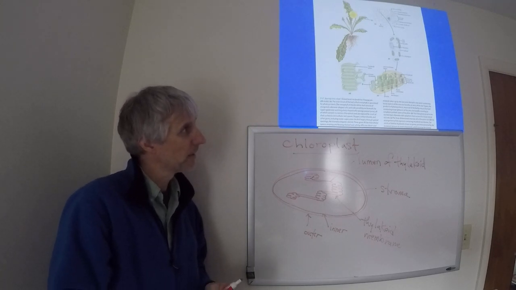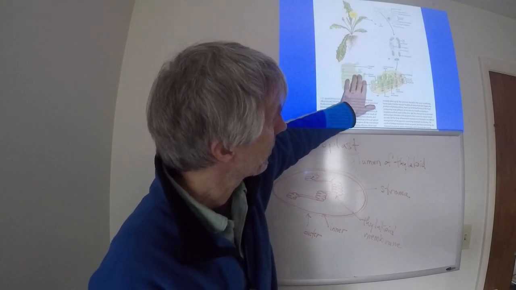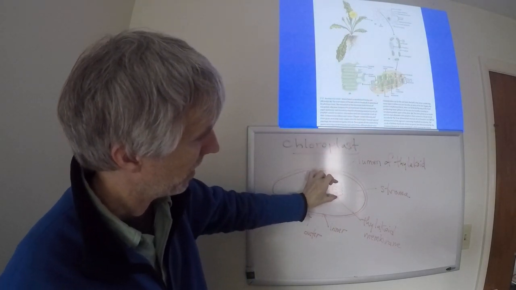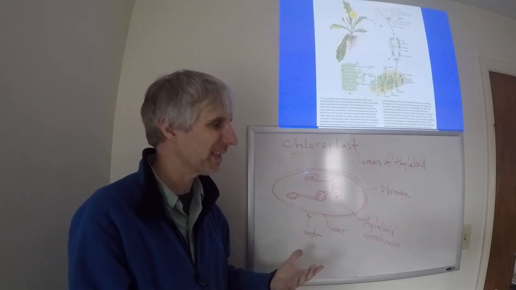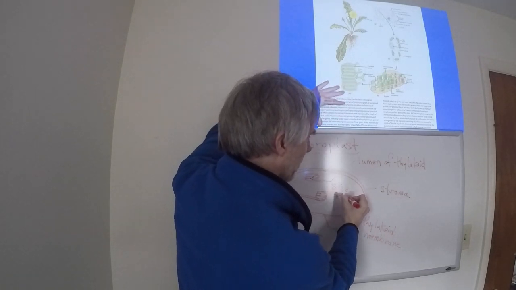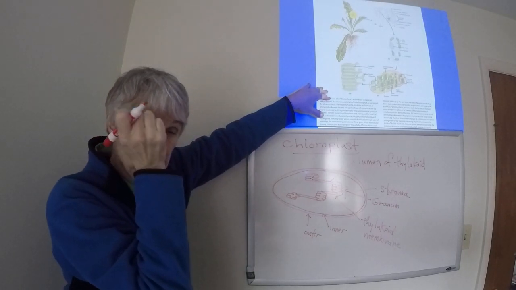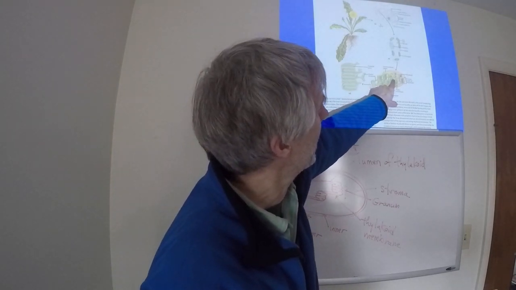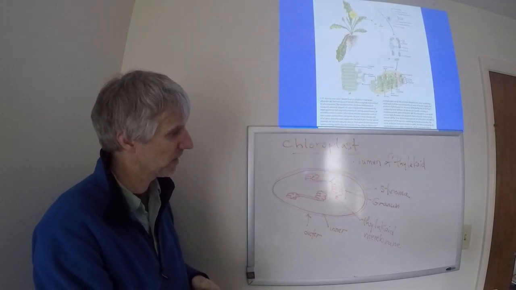Now, within the thylakoid membrane, see all these things here are often called stacks of poker chips or pancakes because that's what they look like. These little stacks here are often called grana. Singular is granum. But this is how they would be organized within that chloroplast.